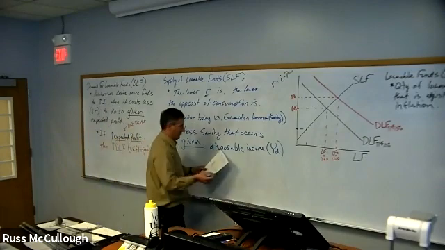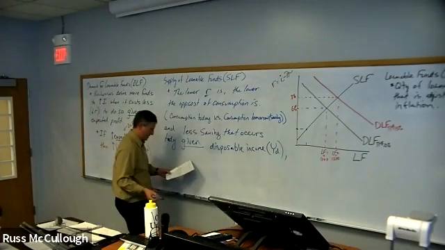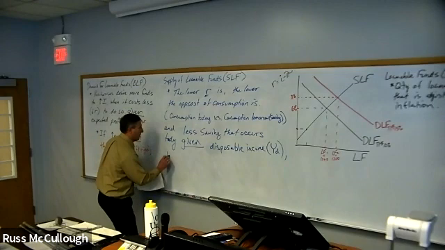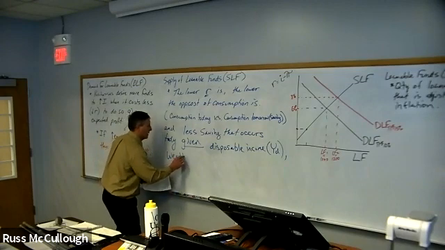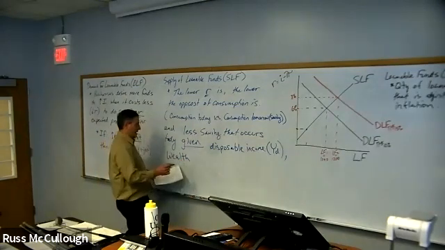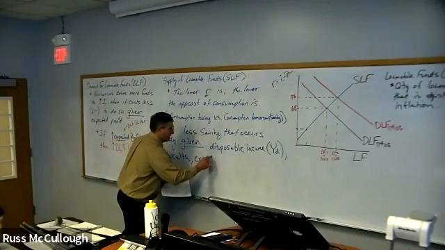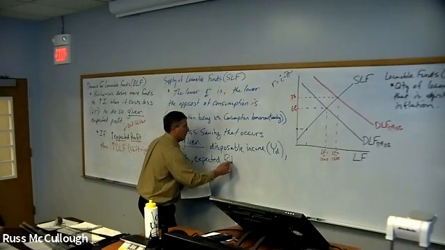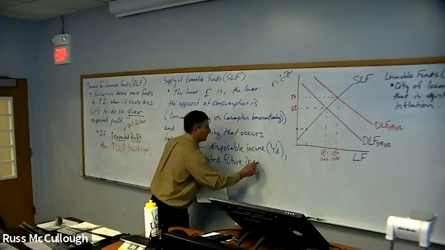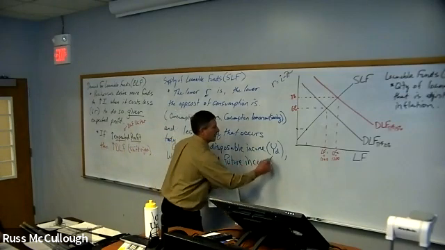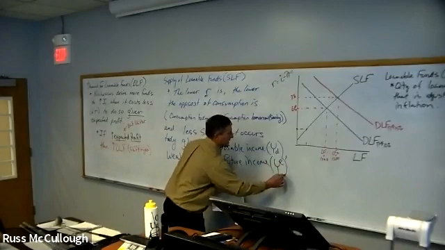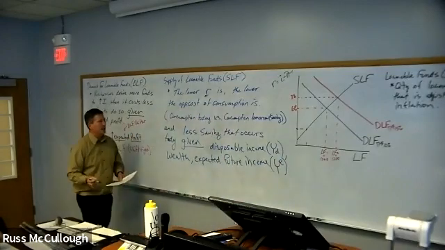Disposable income, comma, my wealth, and my expected future income, Y subscript E, my expected future income.